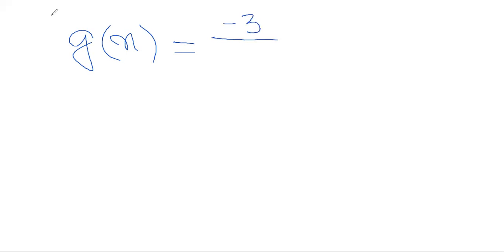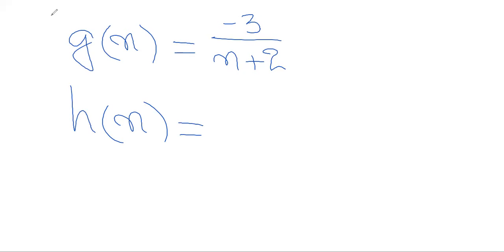Let me write over here: if Gn is equal to -3 over n plus 2, and Hn, the second function, is equal to -n.